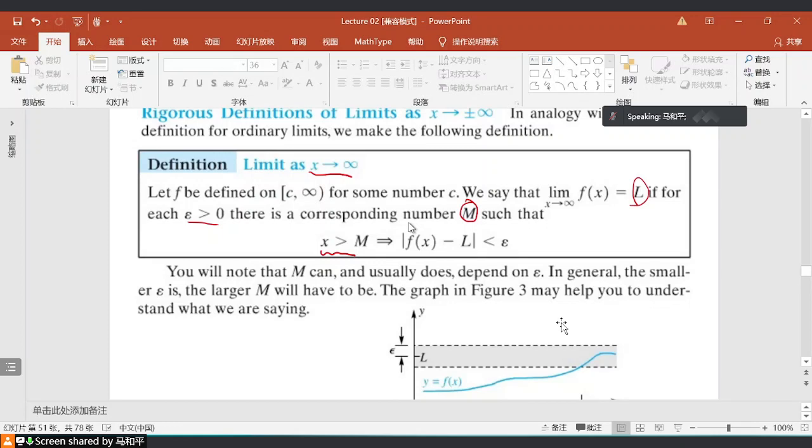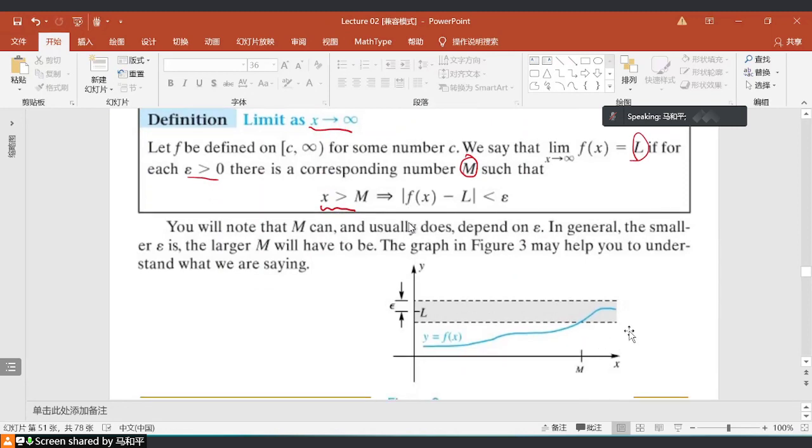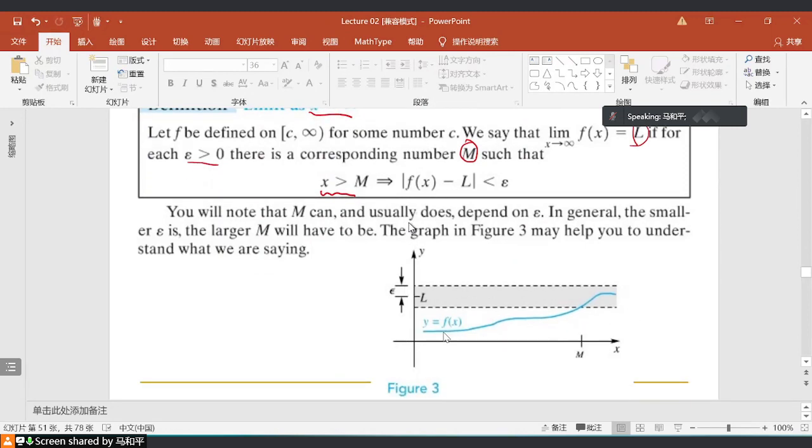The graph in Fig 3 will help you understand what we are saying. Now we have here the curve of y equals f(x). And we know this means x is greater than M. Here, this is M. This means x like this, greater than M, the absolute value of f(x) minus L is less than epsilon.